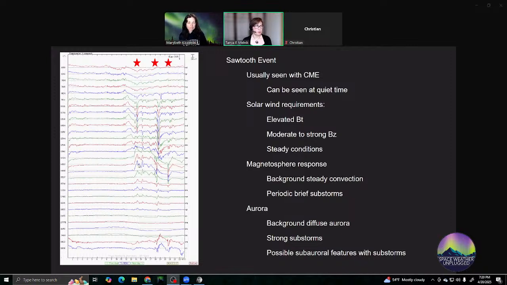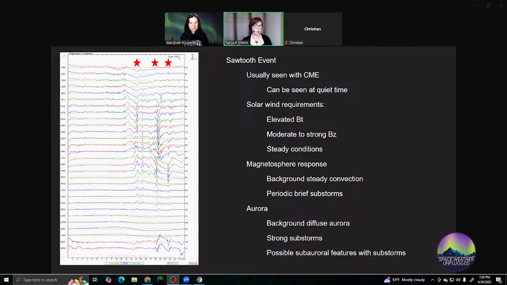This is what Europe looked like. Again, Europe and probably Russia. You see those periodic substorms. You get background steady convection because BZ is so steady, so you have consistent loading of the magnetotail, but then you do get these periodic, brief and very spectacular substorms. They're very brief, but they're fairly well timed.